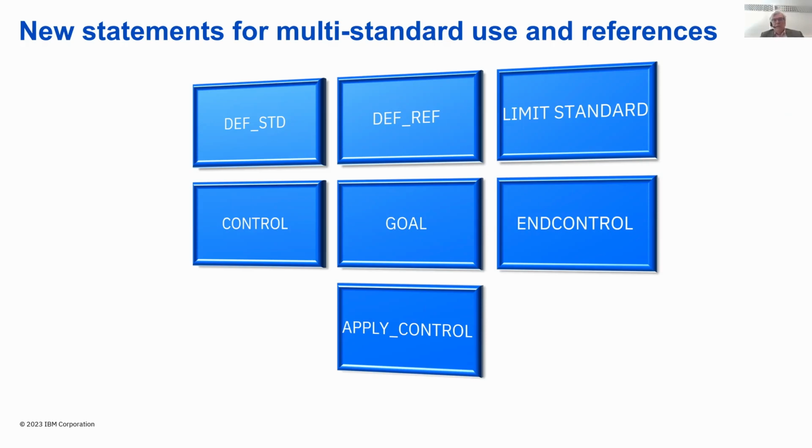We have the control, which used to be a rule set. Then in the controls, we have goals, and the controls now end with an end control. And there's also another statement, apply control, to actually include existing controls in your own standards. So we have made it easier to share specific goals between multiple standards so that you only have to write the Carla once.